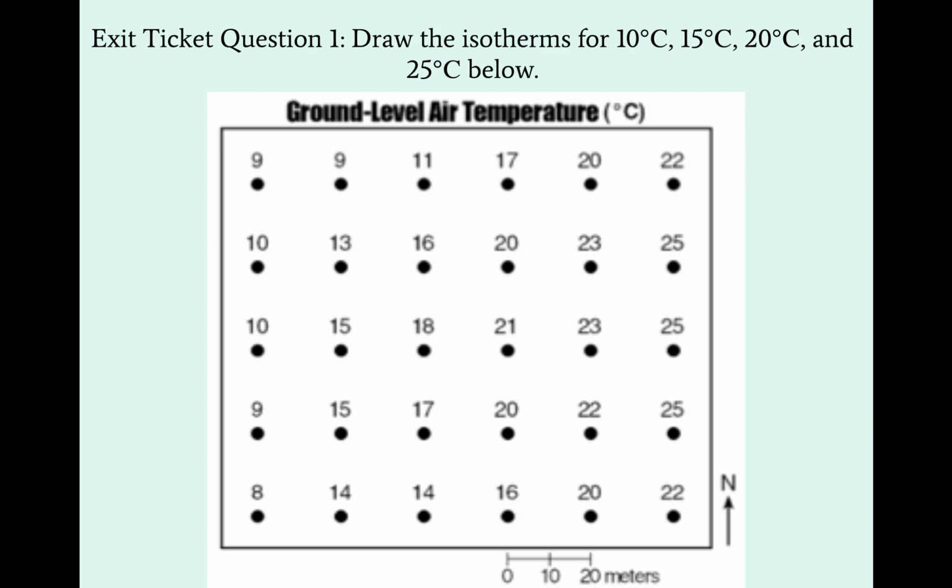You can either take a screenshot of this video and draw on the screen, or you can, on a separate piece of paper, copy down this exact same table. All you have to do is do 6 dots going from left to right and 5 dots going down in a grid, label them, and put a box around it, and you have the exact same chart that I have below.